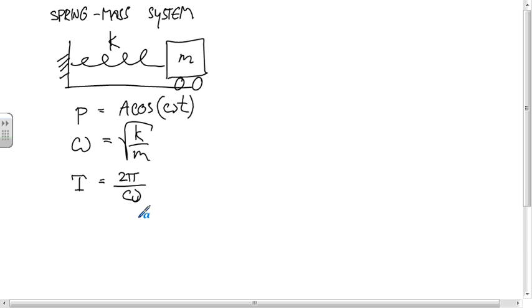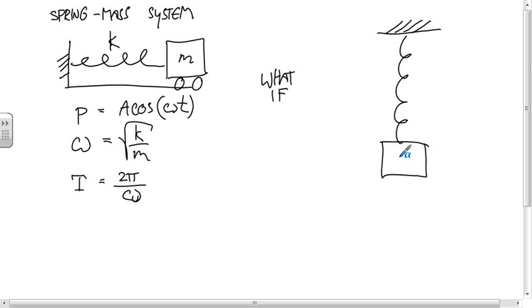What would you guess? What if now you took that same spring and that same mass and hung it from the ceiling and got it oscillating again?